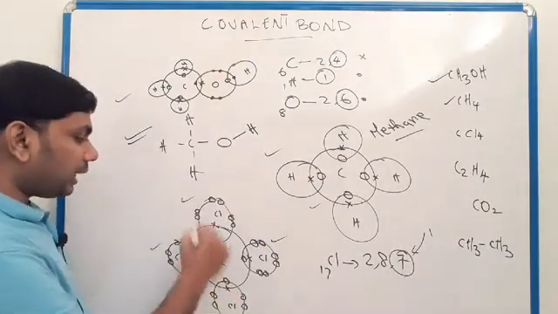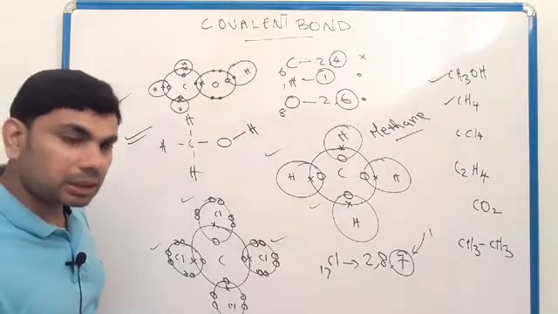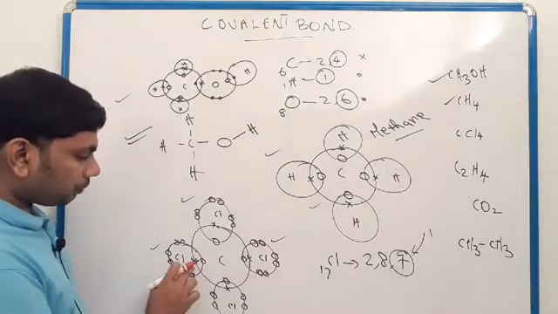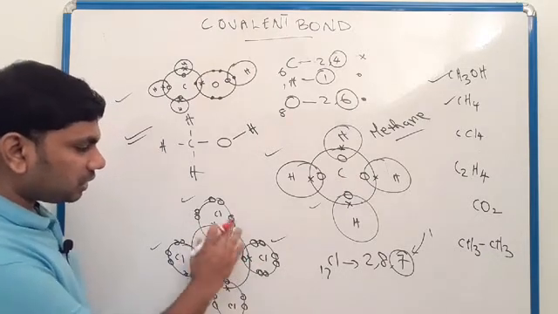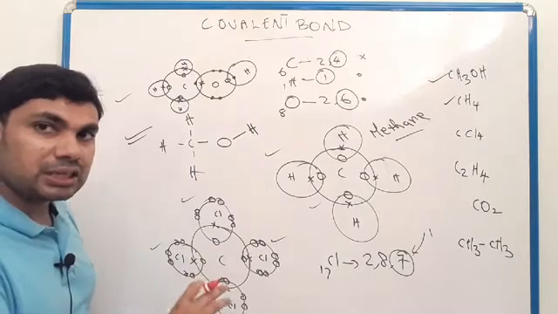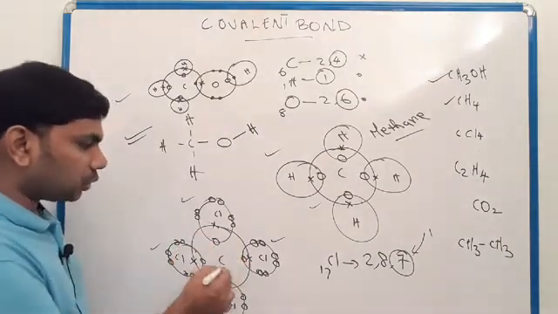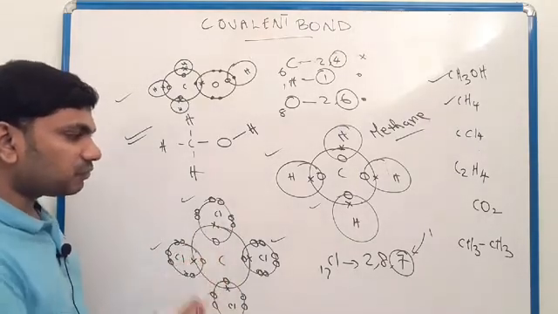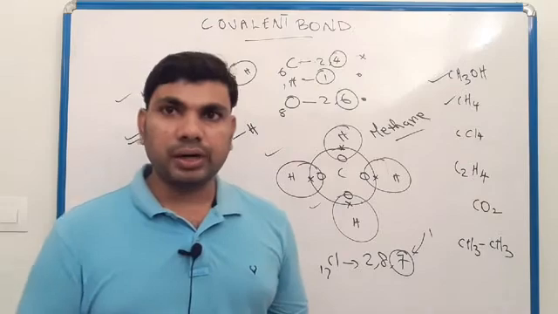Now each chlorine atom became 8 electrons in its outer shell. What about carbon? Carbon, look here, 2, 4, 6, 8. Each carbon atom getting 8 electrons, including all these electrons. So this is CCl4. CCl4 means carbon tetrachloride.